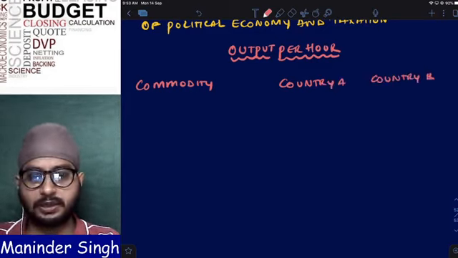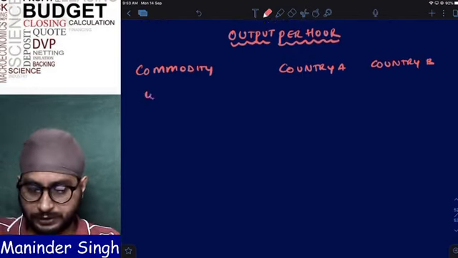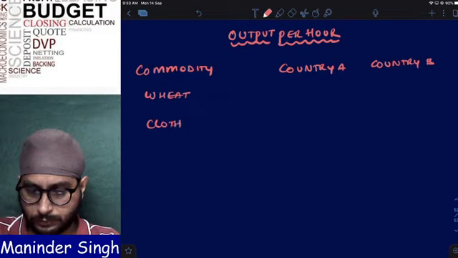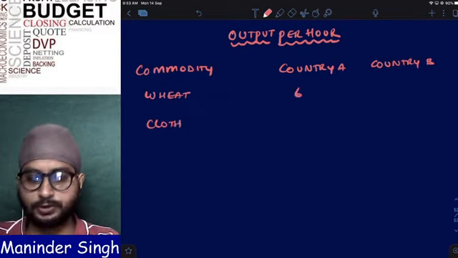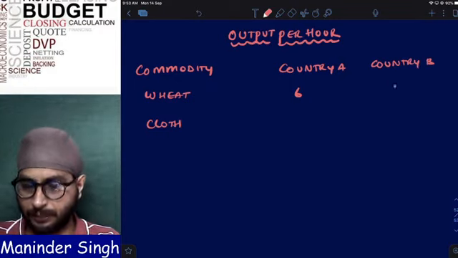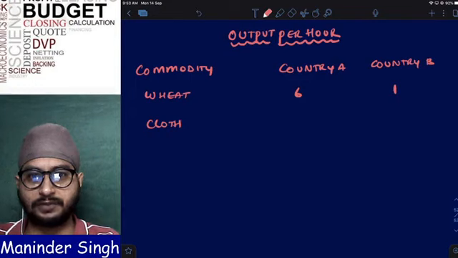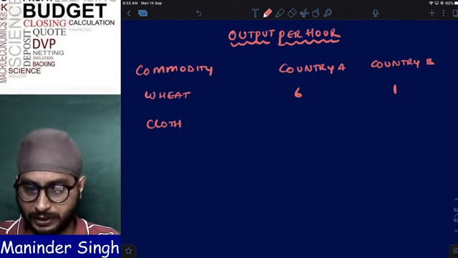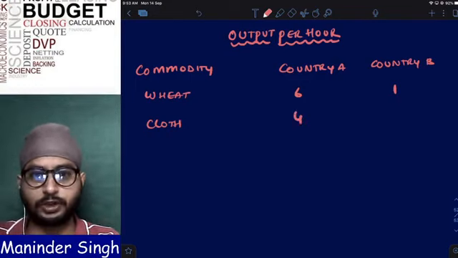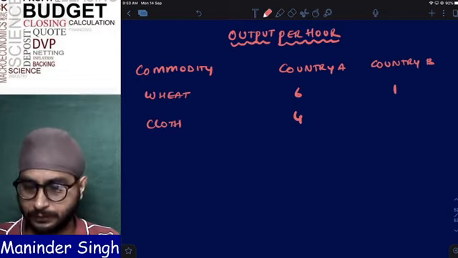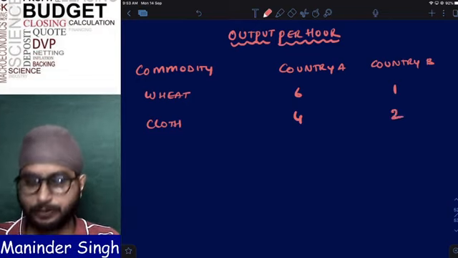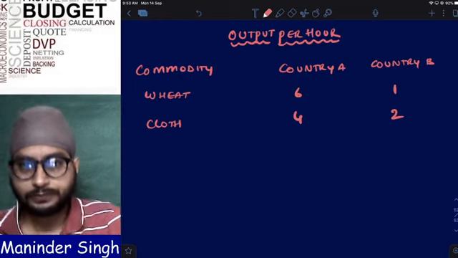Now wheat is there, same, and we have cloth. Country A is producing wheat, 6 units in 1 hour, and country B is able to produce only 1 unit in 1 hour. In cloth, country A is able to produce 4 units, and country B is able to produce 2. Now tell.